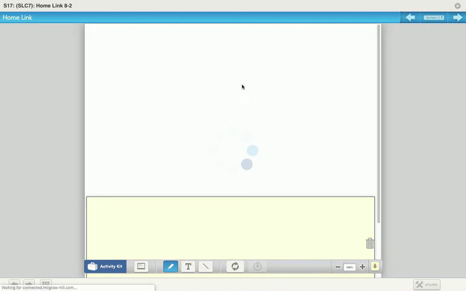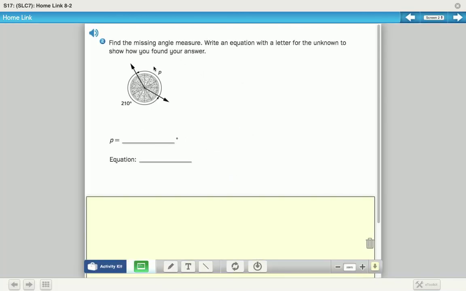Okay, number 2, find the missing angle measure. So we have what looks like a grapefruit or an orange, and the whole angle would be 360, and they showed us that this part of the orange is 210. So you could do 210 plus P is equal to 360.